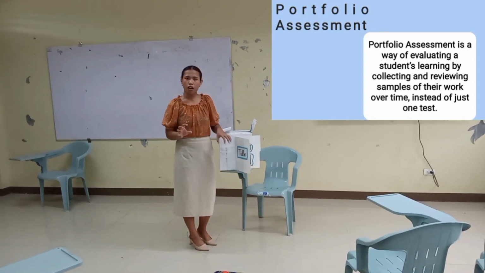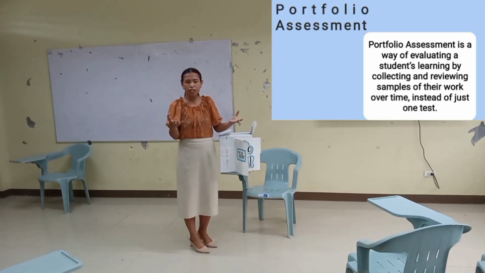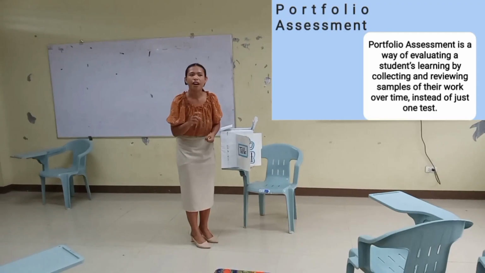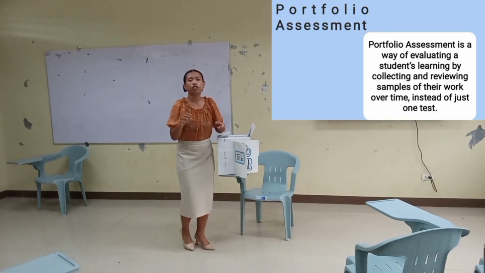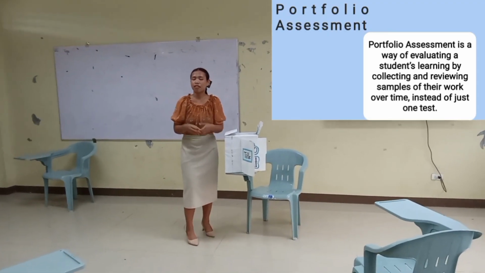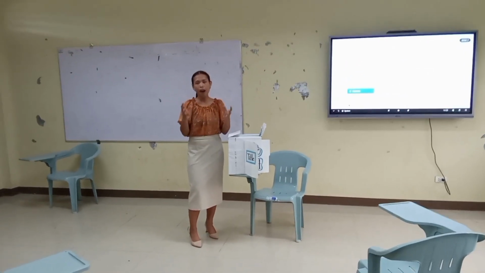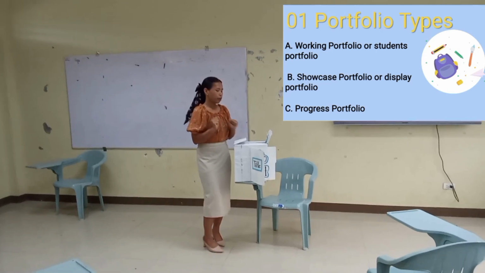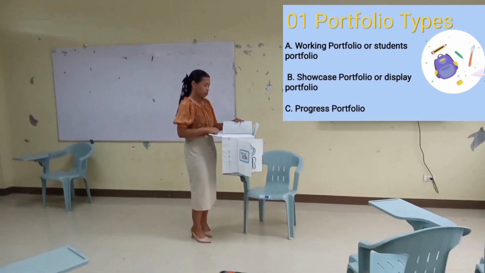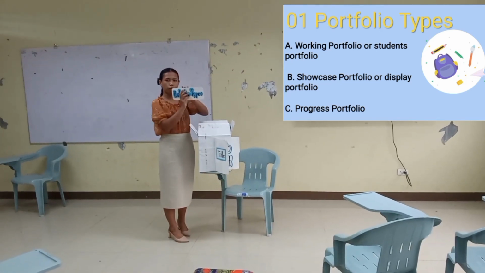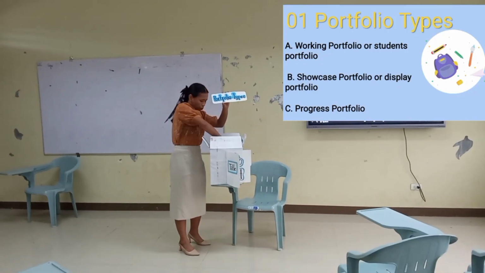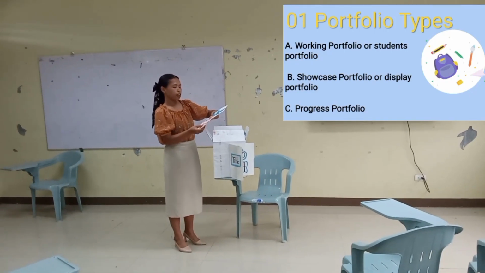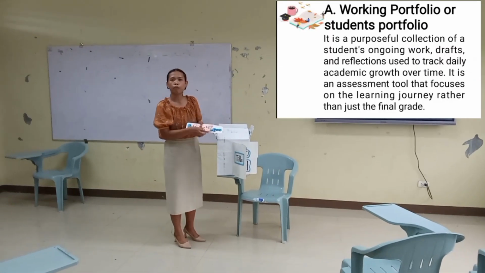When we are talking about portfolio assessment, it's not just a portfolio assessment, but it also has types, or kinds. Actually, portfolio assessment has many types, but we only select three main types. For the portfolio types, we have three, as I said earlier. Number one is the working portfolio.